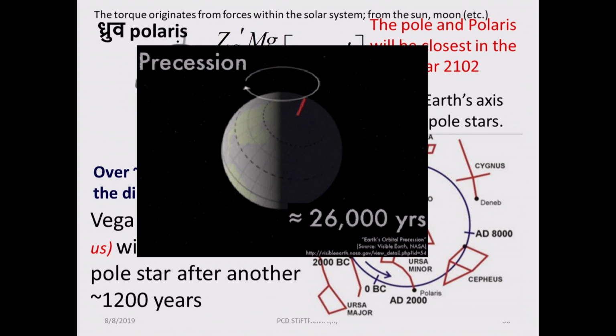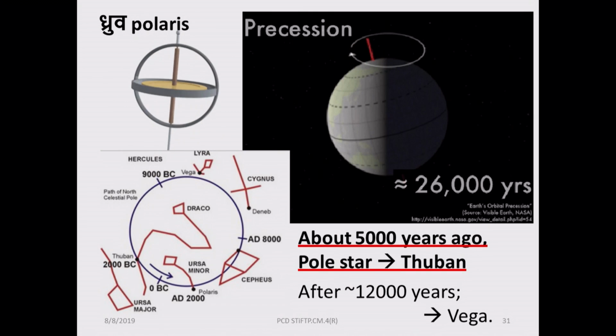Here is a picture, I think from NASA's website, and they demonstrate in this small video how the precession of the Earth takes place because of these gyroscopic effects, because of the gravitational fields of other bodies in our own planetary system, which exert this torque.